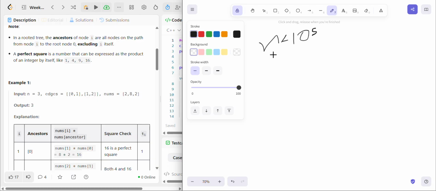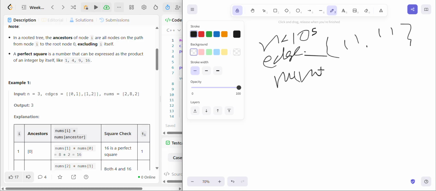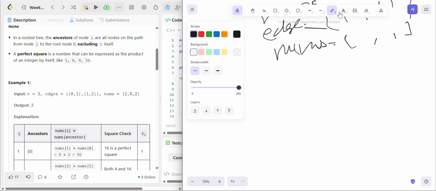And edges are given, and also there is a nums array which will give me the numerical values for the particular nodes.